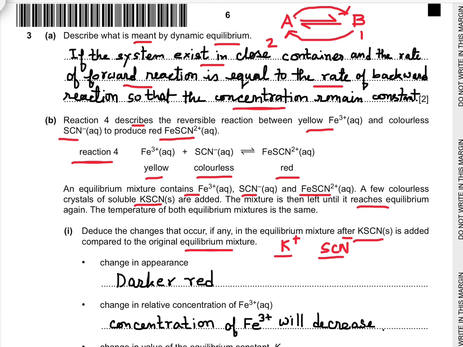So, changes in appearance. We know that the color of the product is red, so it will change from yellow to red, and definitely when we add extra thiocyanate, the color will be darker, so we can write darker red.